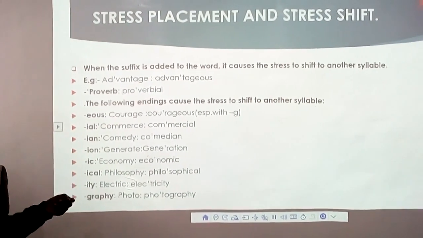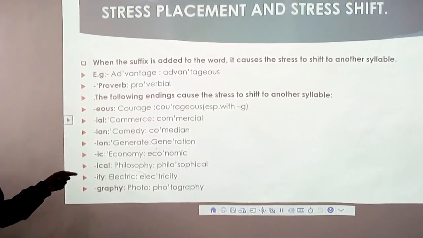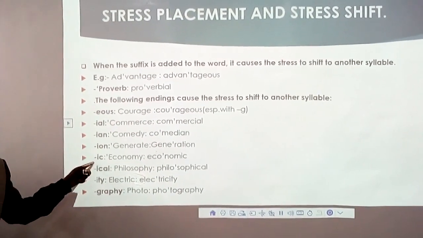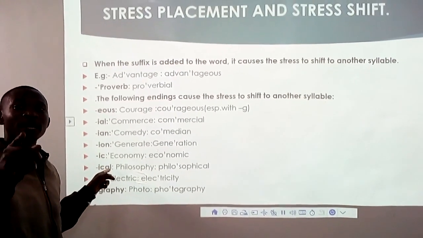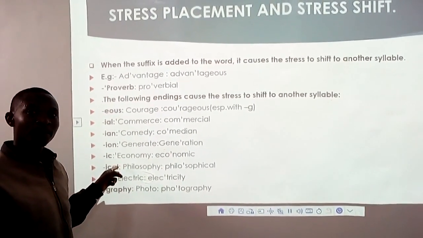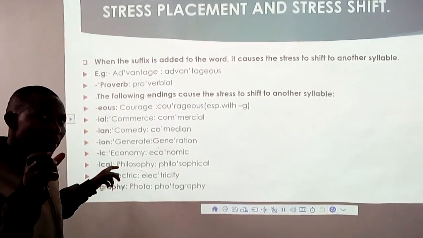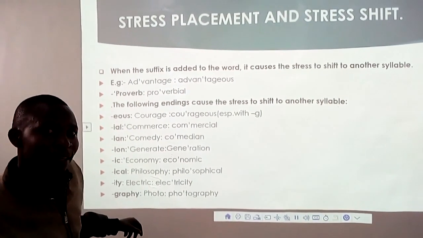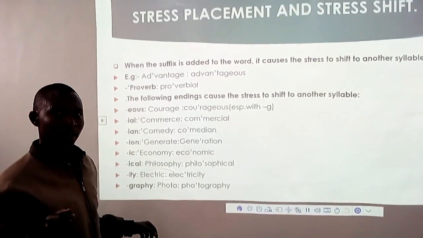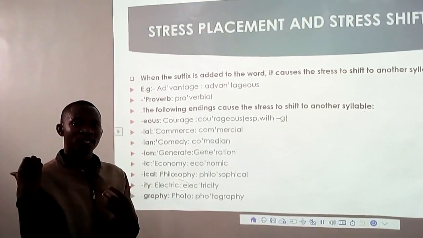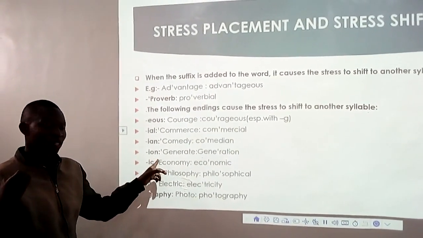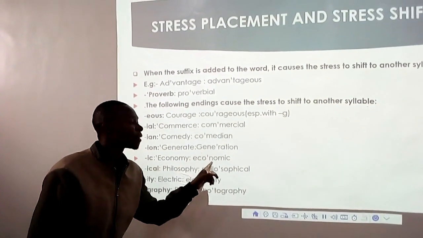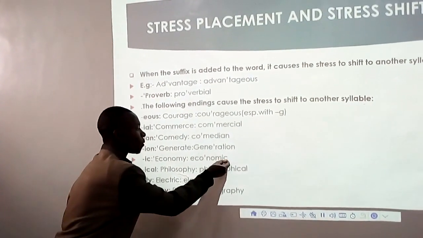Now let's continue. I think we understand it the same. As far as you remember, we had talked about it beforehand. Remember photographic, geographic? That we go two syllables backwards. Economy, you see where the stress is? It has become economic. 1, 2.